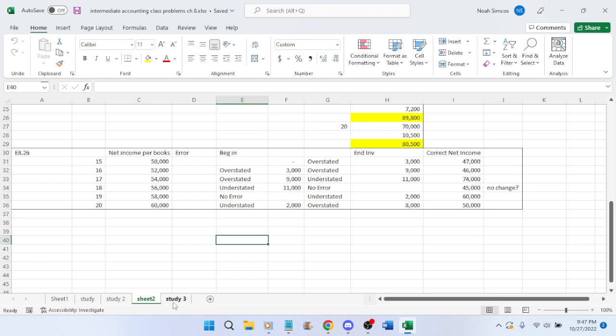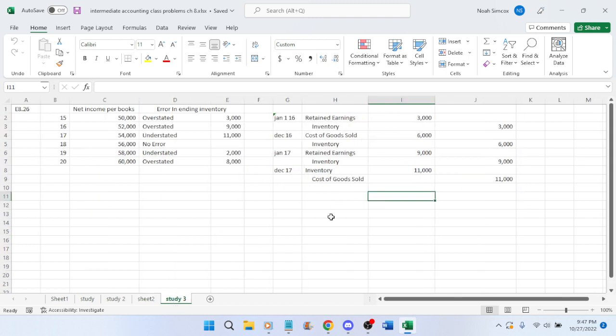Correct net income. If you debit retained earnings, you have decreased net income.